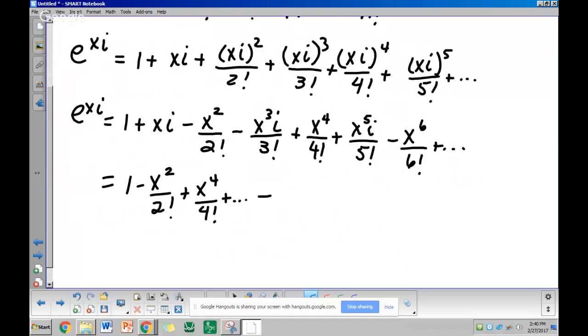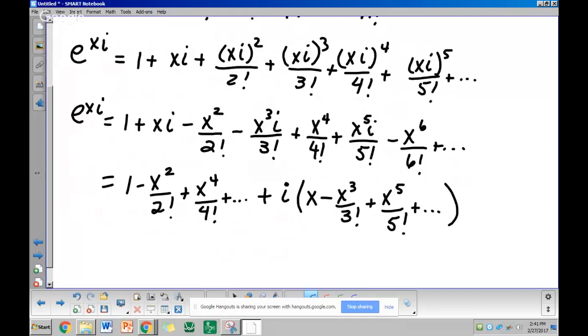And then I'm going to factor out an i. What happens when we do that? We get x minus x to the 3rd over 3 factorial plus x to the 5th over 5 factorial plus dot, dot, dot.